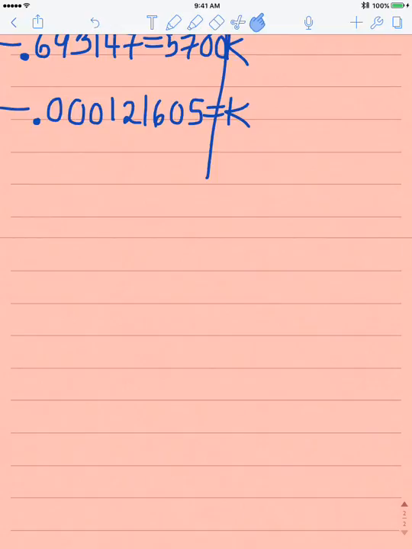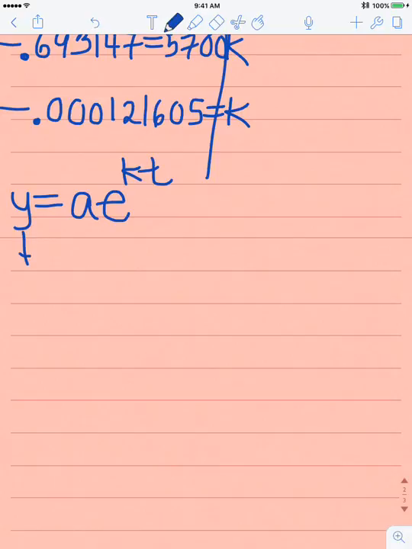So now that we know what K is, we can go ahead and answer the question on number 27, and that is, how much carbon 14 am I going to have after 1,000 years? So, okay, so let's see. Y equals A, which is 3. Actually, you know what? Let's actually just remind ourselves. This is the formula. This is the future amount.